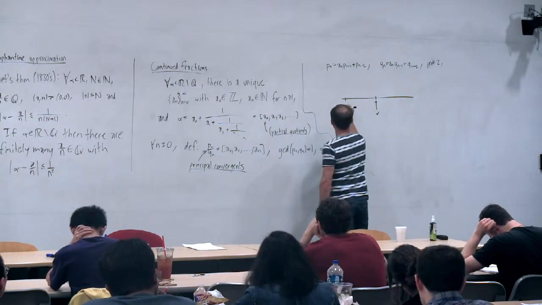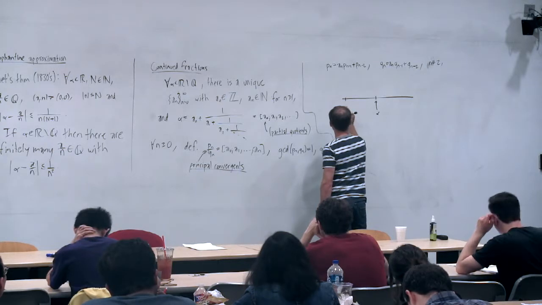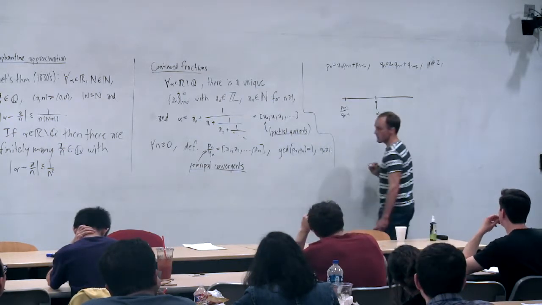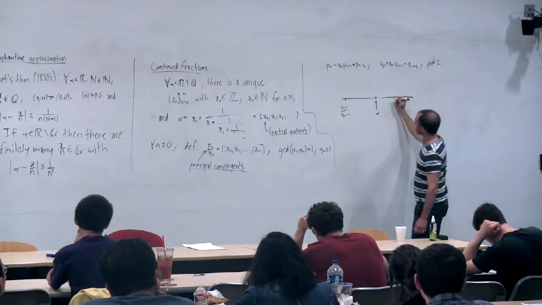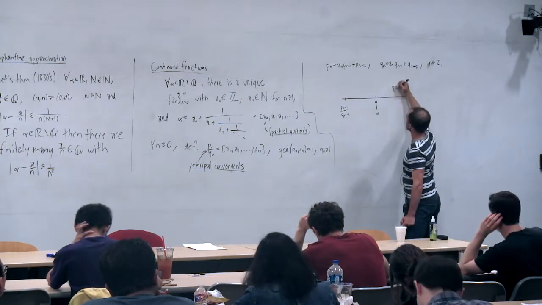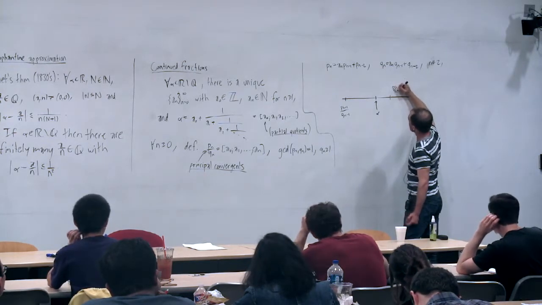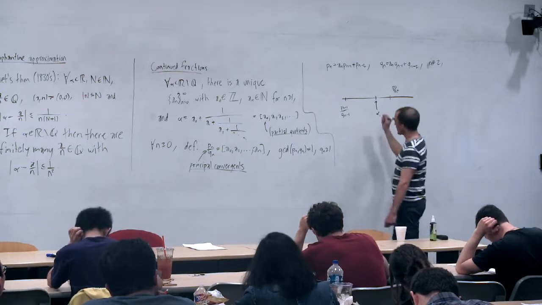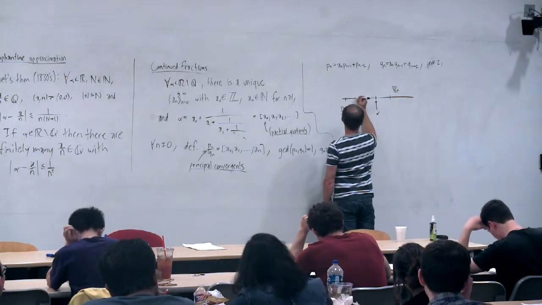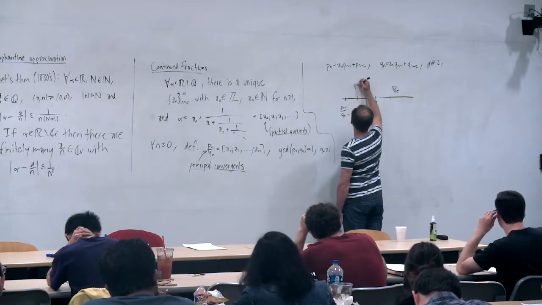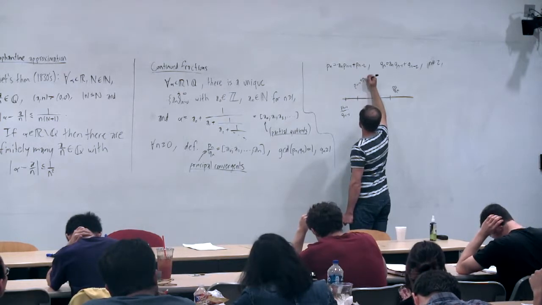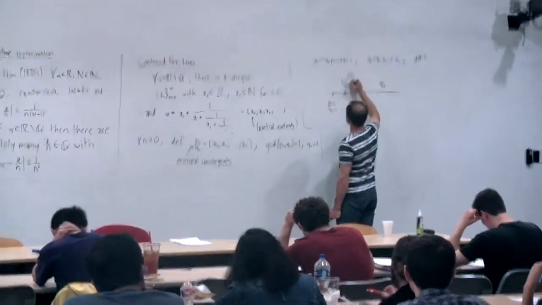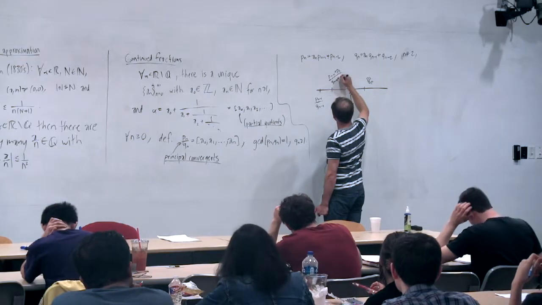On one side of alpha, you have the (n-1)th principal convergent, p_{n-1} over q_{n-1}. On the other side, you have the next principal convergent, p_n over q_n. And back on the other side again, you have another number, which I'm going to call (p_{n-1} plus p_n) over (q_{n-1} plus q_n).